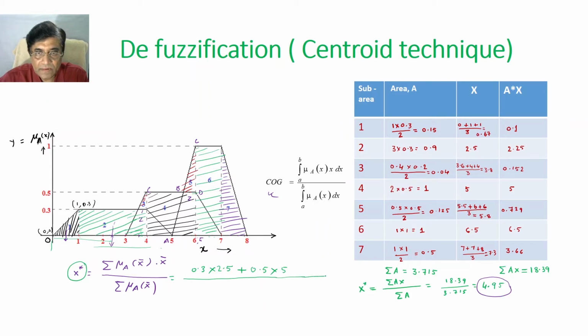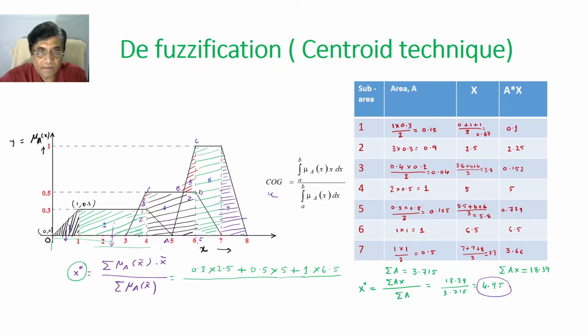And then plus this trapezoidal area, and this membership value is 1 times, you see, 6, 1, 2, 3, so 1.5, so 6.5.